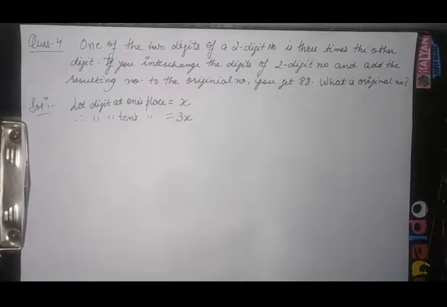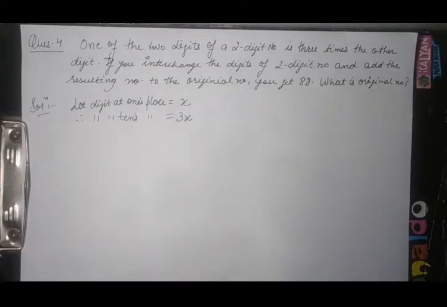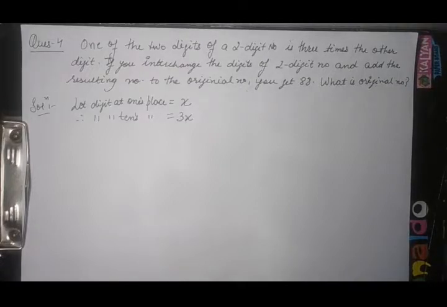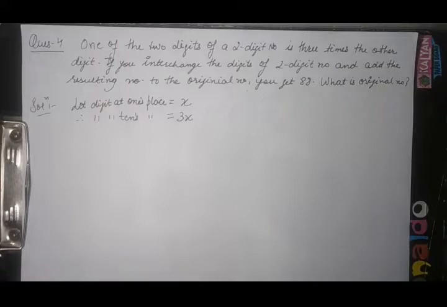So we can suppose it as tens place digit x, and then the ones place digit will be 3x. So in both the cases we can suppose the digits. So if we suppose ones place digit as x, then the tens place digit will be 3x, and if we suppose tens place digit as x, then the digit at ones place will be 3x. So in both cases we can suppose the numbers.